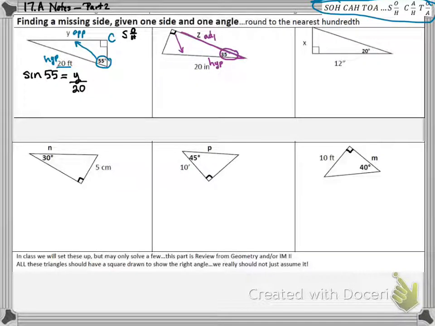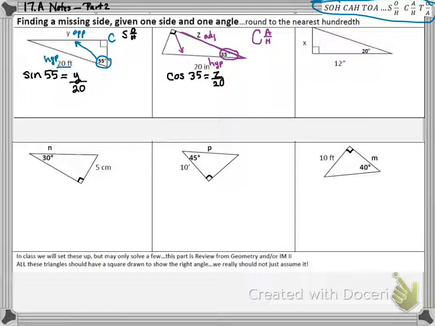That makes it my adjacent side. Out of the 3 that we know, the one that uses adjacent and hypotenuse is cosine. So cosine is adjacent over hypotenuse. Let's set that up. The cosine of the only angle I know equals the side that's adjacent to it over the hypotenuse. There's the setup for that one.